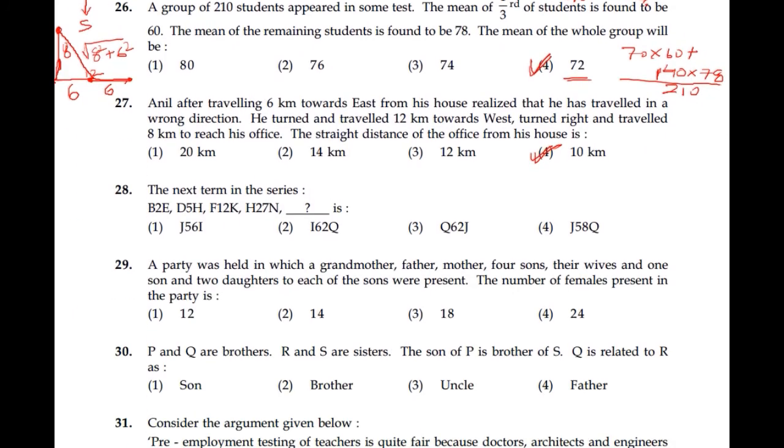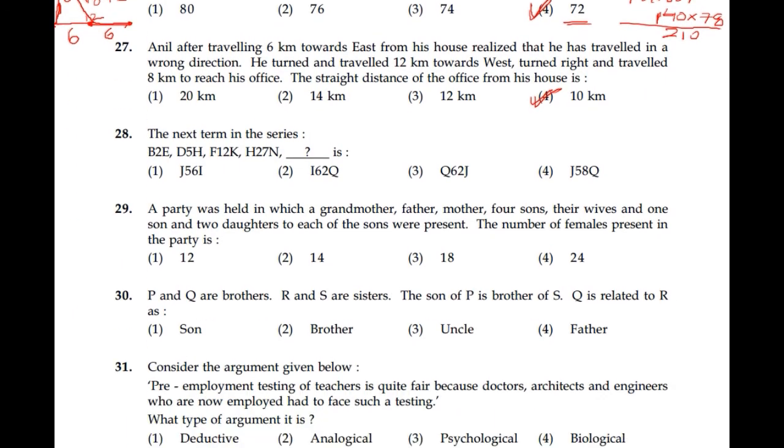Now question number 28, the next term in the series. So to solve such type of problems, easily you can observe that B, C, D, E, F, G, H, so there will be I and next term will be J. So option may be 1 or 4th. 2 and 3 are cancelled out.